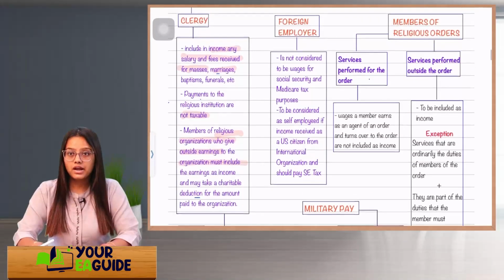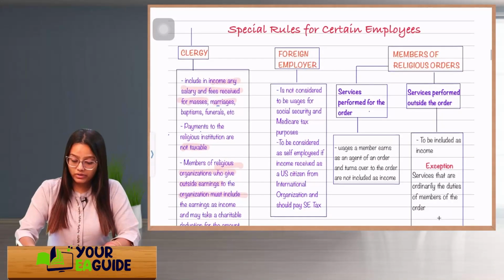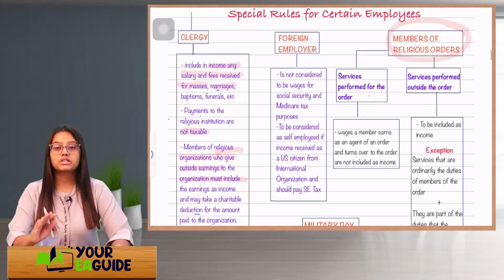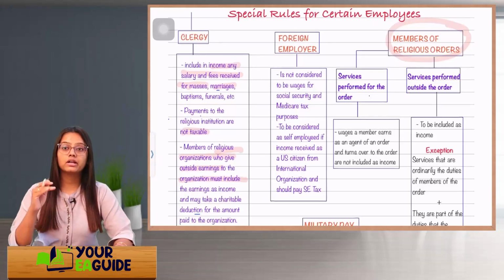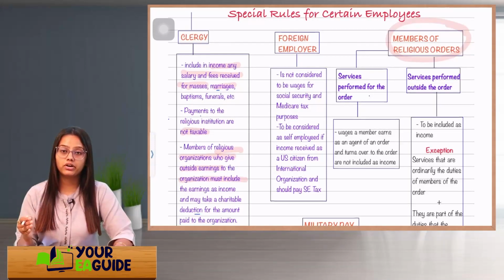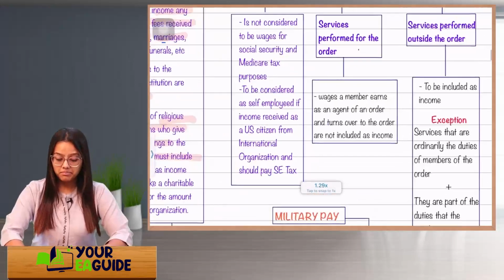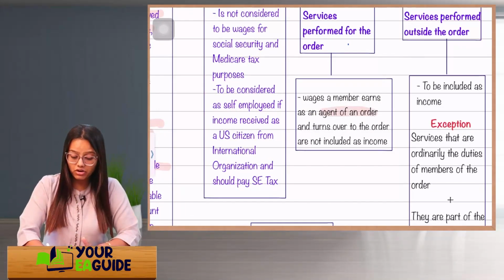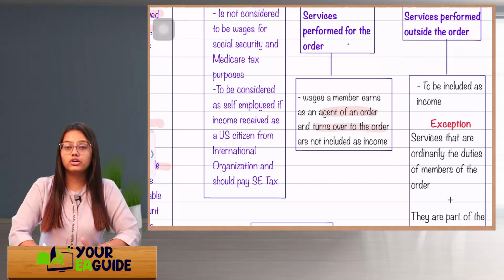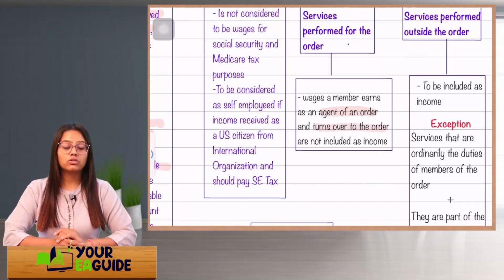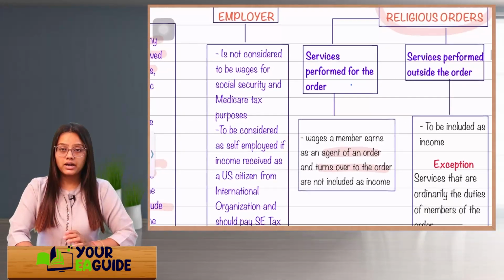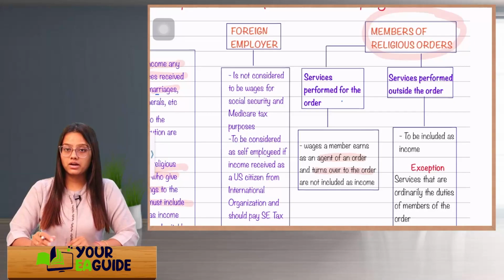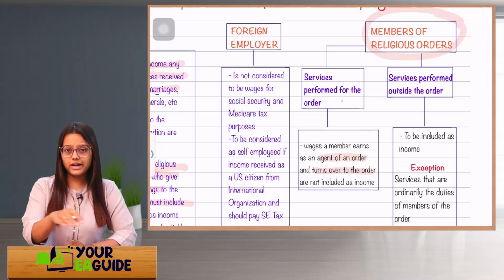Clear, guys? Now, one more thing, look at the last one. Member of a religious order. If the services are performed for the order, based on the wages a member earns as an agent of an order and turns over to the church, it is not included in the income. Let's say the church has conducted a charitable show or some exhibition.